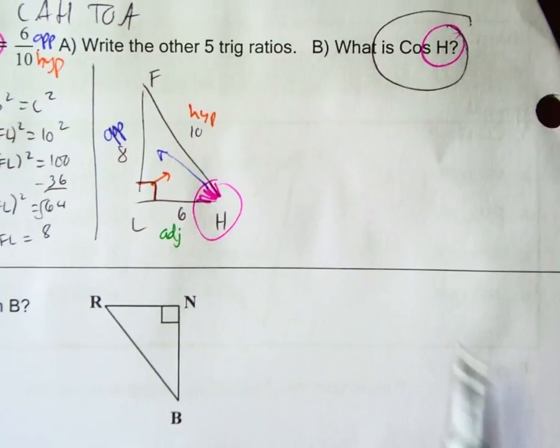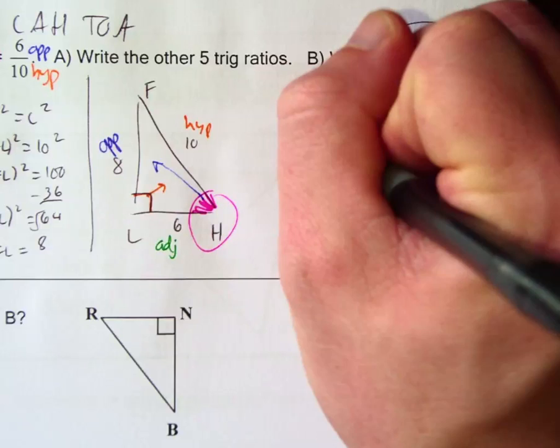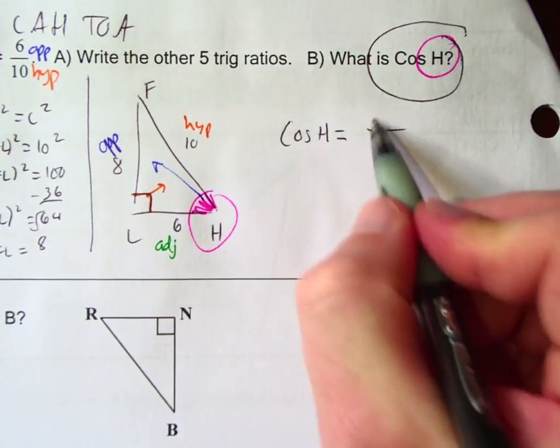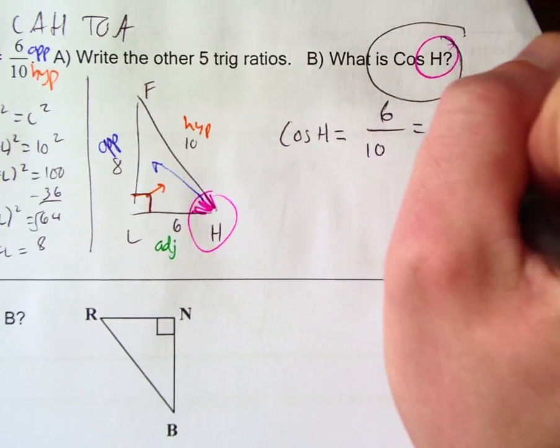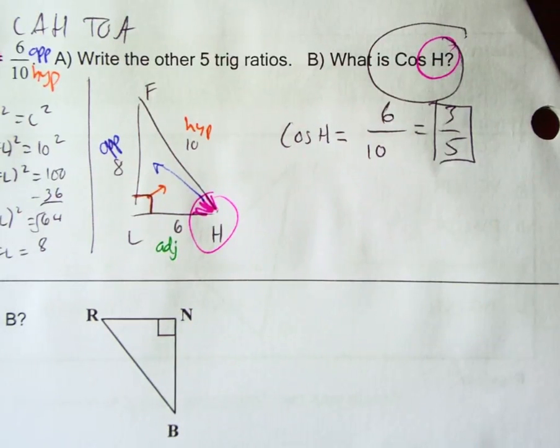So let's figure out what cosine of H is. Cosine is adjacent over hypotenuse. So cosine of H, what's my adjacent to H? 6. What's the hypotenuse? 10. Let's go ahead and reduce and get 3 over 5. I could ask any of the other trig ratios, what's sine of H, what's tangent of H, and you should be able to answer.